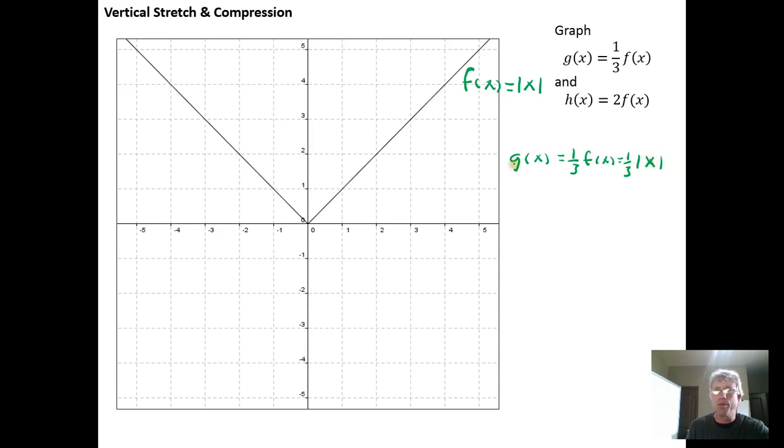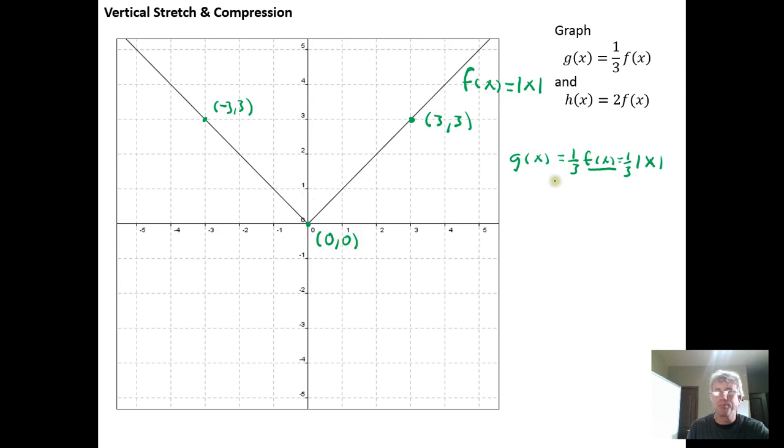Because I'm going to be multiplying the outputs on f of x by 1/3, I'm going to grab a lattice point that's divisible by 3. So I'm going to grab this one right here. It's the point 3, 3. And I'm going to come over here and grab the point negative 3, 3. And you always want to grab at least 3 points, and make sure you get key points if there are any. So this point at the origin is a key point. That's the point 0, 0.